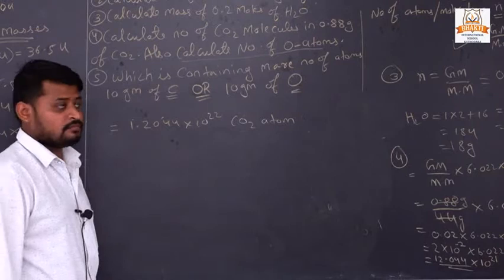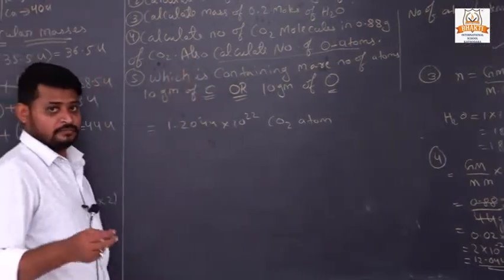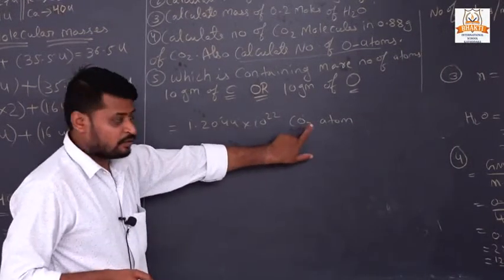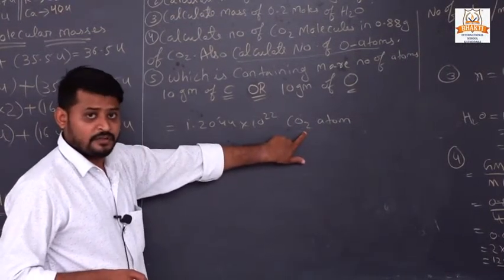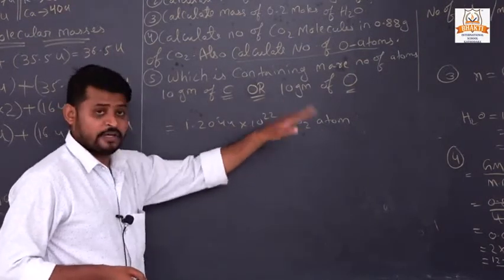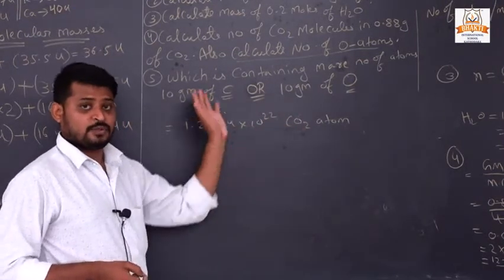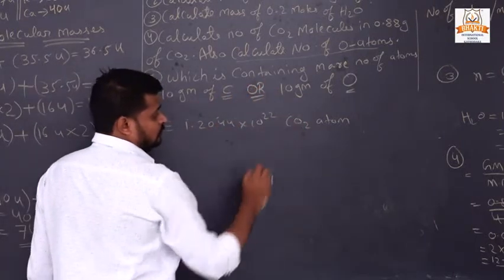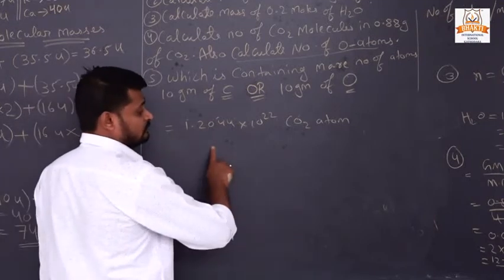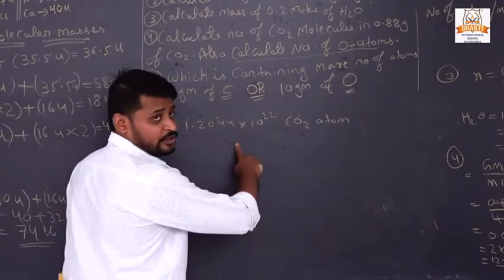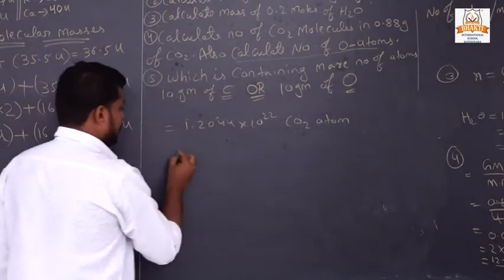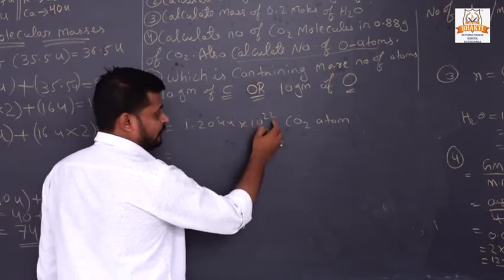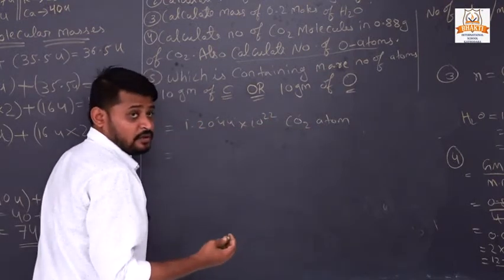In 1 CO2 there are 2 O atoms, so in 2 CO2 there are 4 atoms, and in 6 CO2 there are 12 atoms. If 1 CO2 has 2 oxygen atoms, then 1.2044 into 10 to the power 22 CO2 molecules have how many oxygen atoms?